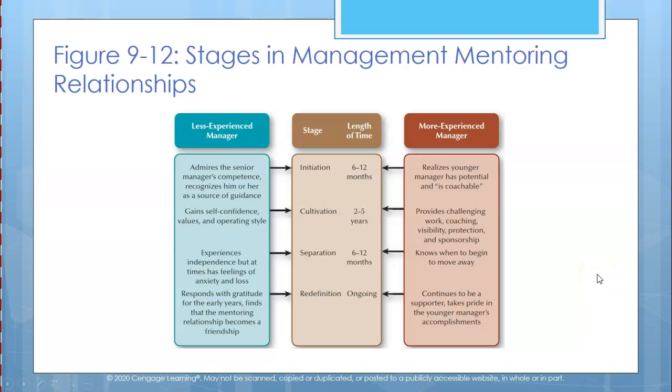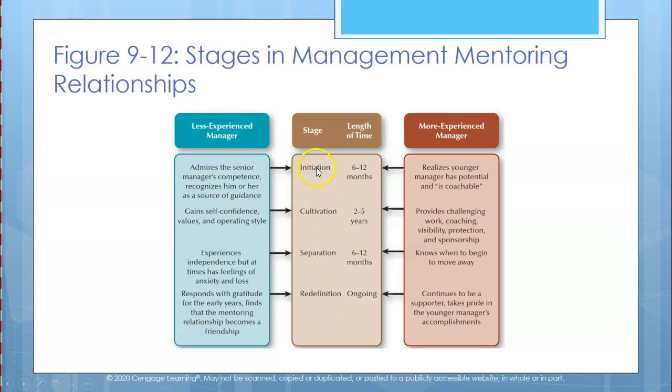So what are some of these relationships, guys? I won't read the diagram to you other than to say a manager, for example, can be mentored over time into a more experienced manager and eventually a leader. So, for example, some of these ideas of growing from a less experienced to a more experienced manager, we start with initiation, cultivation, separation, and redefinition.